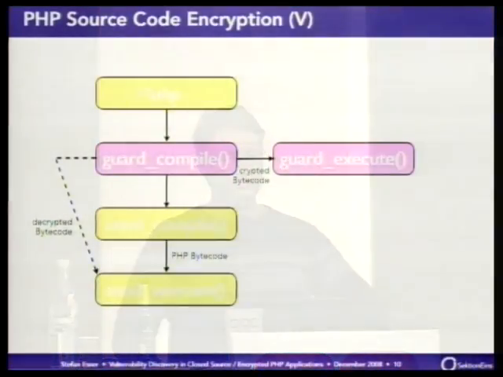With old encryptors, this was everything that was done. The compiler on the one hand gives the original source code to the original compiler when it's not encrypted, but when it's encrypted, it just decrypts it and executes it. With older encryptors, this execution was done by passing the decrypted bytecode directly to the PHP executor.